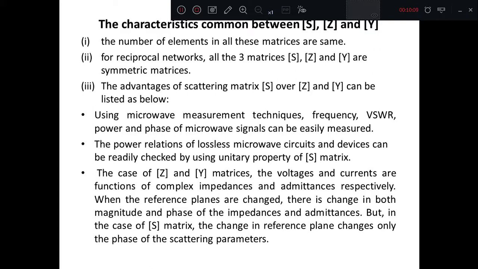This much we discussed, and in the next video lecture we will be discussing the S matrix representation for a mismatched two-port network or in general an n-port network, and then we'll solve 2 to 3 numerical examples on properties of the S matrix as well as the phase shift property of the S matrix, and also the various losses that occur in signal transmission, which we'll discuss in the next class.